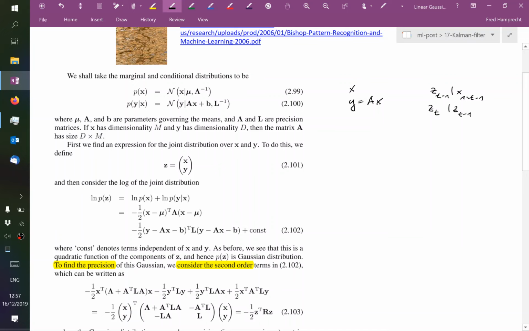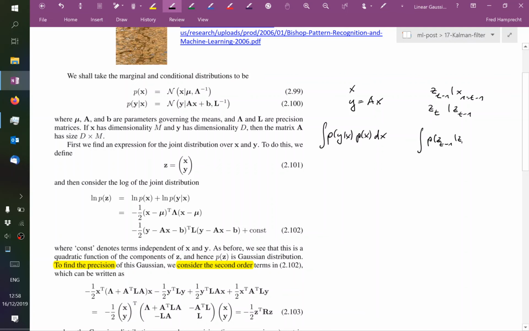Okay? And this chapter talks about how to first find the joint distribution of x and y, and how to then marginalize out x. So it looks at the integral of p(y given x) p(x) dx. And I could write the same thing on the right-hand side. This is our Kolmogorov-Chapman equation, okay?